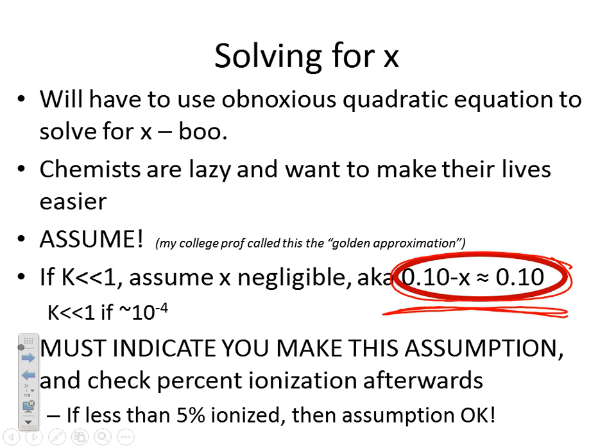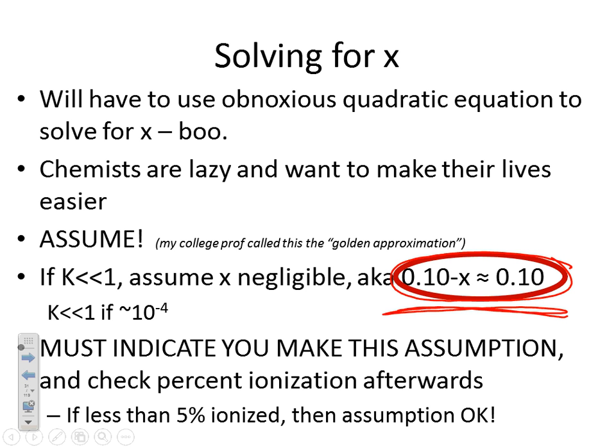Now, listen up. If you do not want to make this assumption, if you think that this sounds dumb, and you want to use the quadratic equation, then I have an additional set of rules for you. Number one, you must show me the complete quadratic equation. Number two, you must show me the two possible answers you get. Number three, you must explain which of the two possible answers is correct.